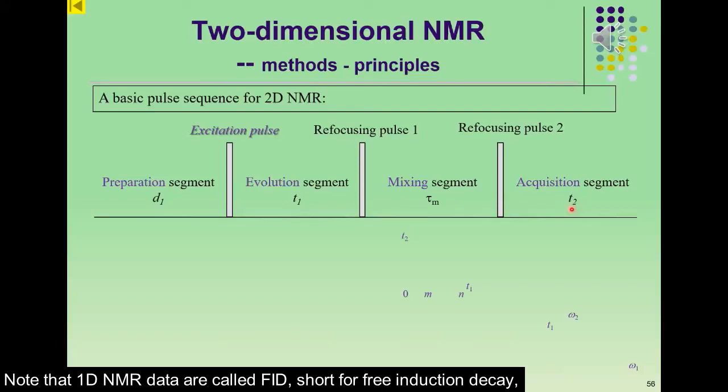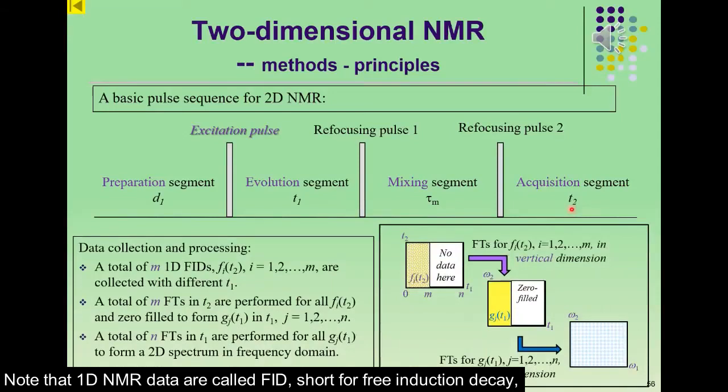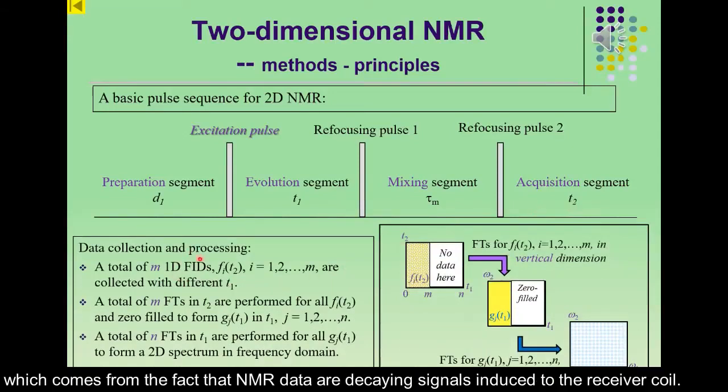Note that 1D NMR data are called FID, short for free induction decay, which comes from the fact that NMR data are decaying signals induced in the receiver coil.